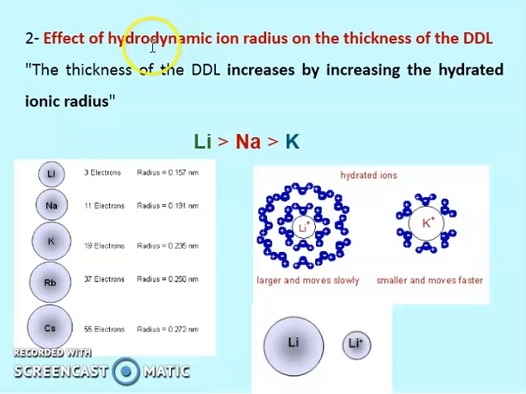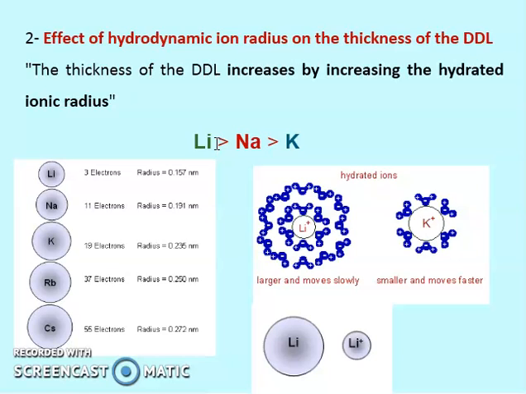If you have a higher hydrodynamic diameter, or hydrated ion radius, the thickness of electric double layer increases.